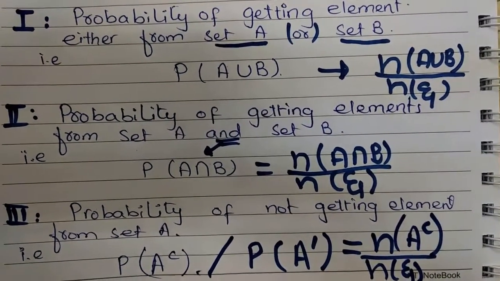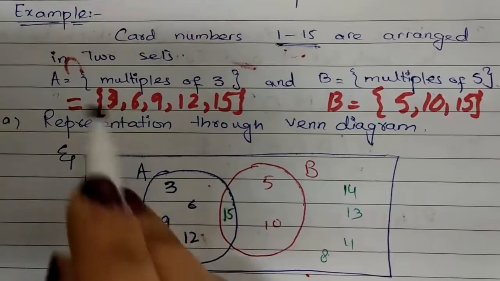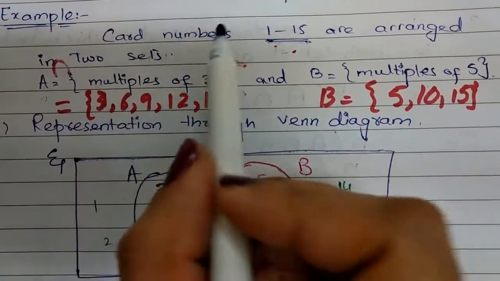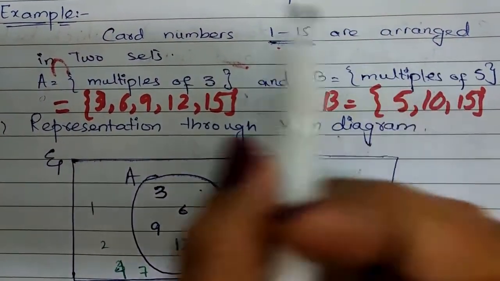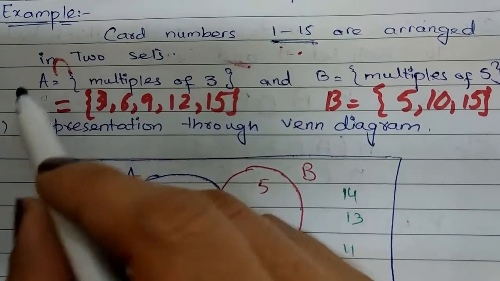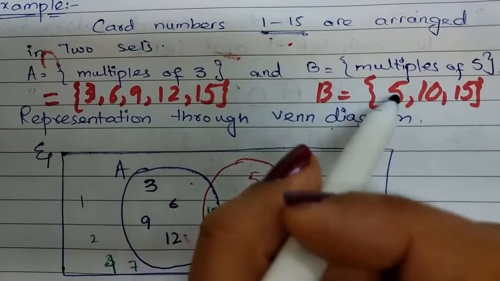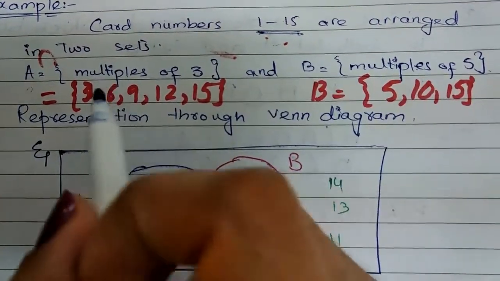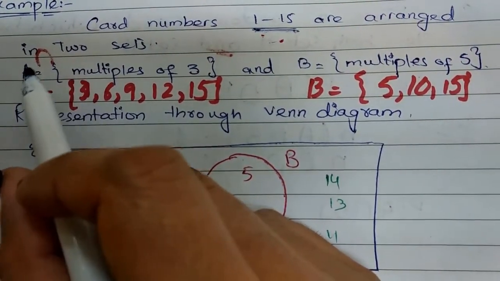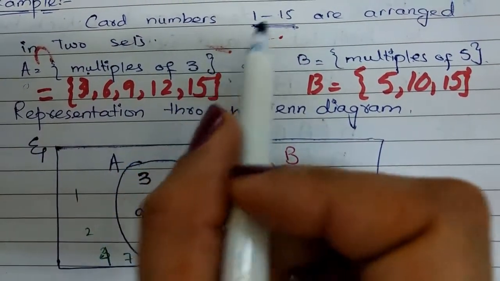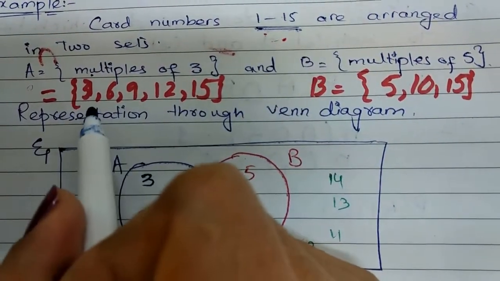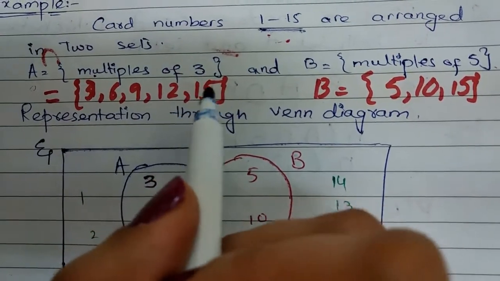Now we are going to apply this in an example. Here is the example. Cards numbered 1 to 15 are arranged in two sets. Set A is multiples of 3 and set B is multiples of 5. In mathematical form, multiples of 3 between 1 and 15 are 3, 6, 9, 12, 15.